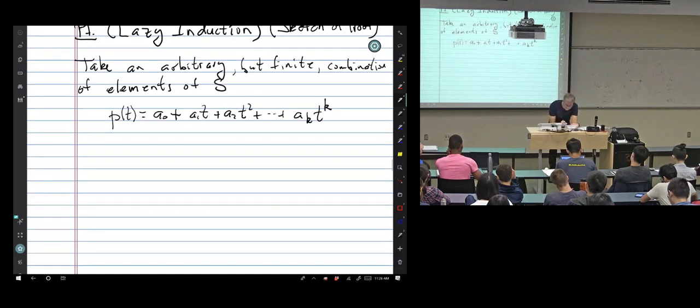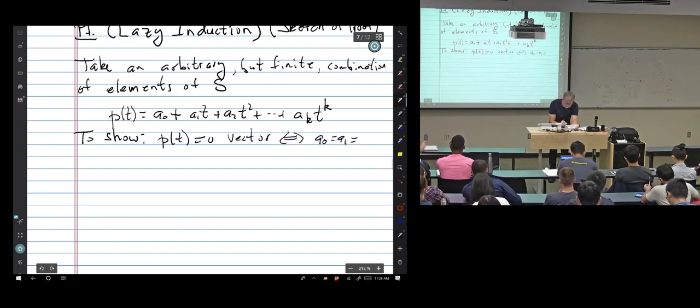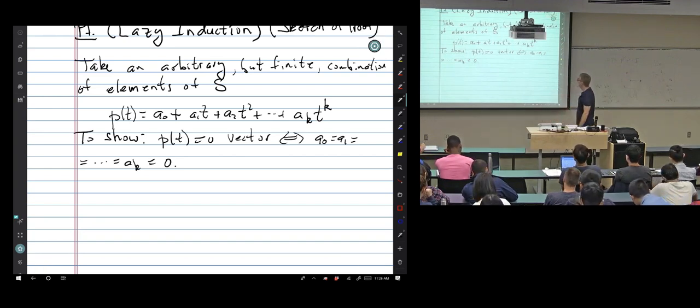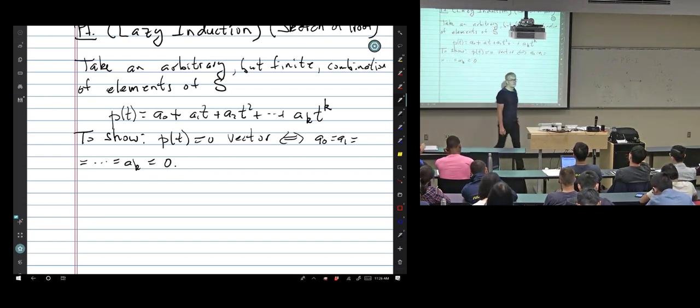Okay, so to show P of t equals the 0 vector if and only if A0 equals A1 equals dot dot dot equals AK equals 0. Okay? That's the definition of linear independence. This has to be the 0 vector.